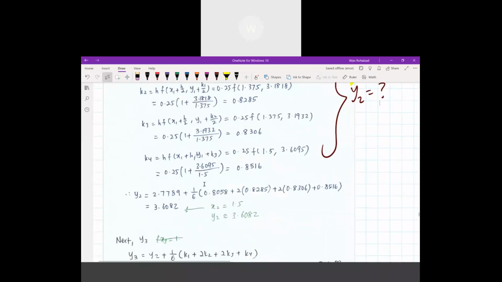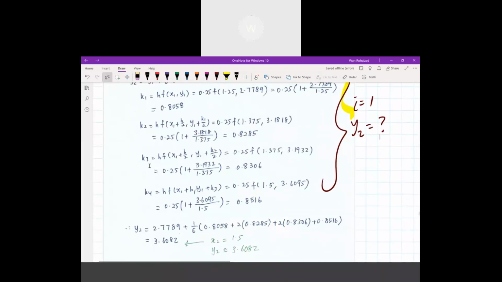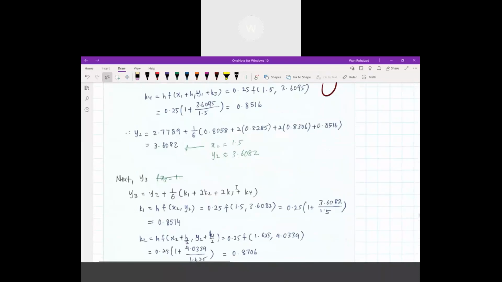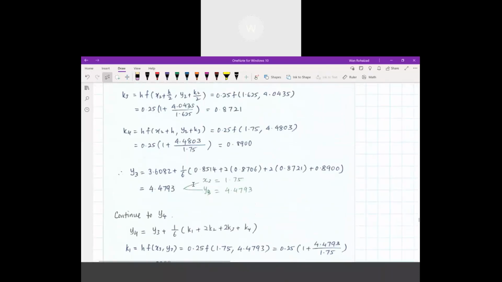And then after we calculate k1, k2, k3 and k4, substitute into the Runge-Kutta main formula. So we have y2 equal to 3.6082. Okay, when x equal to 1.5, y2 equal to 3.6082. So do the same thing for y3 and y4.